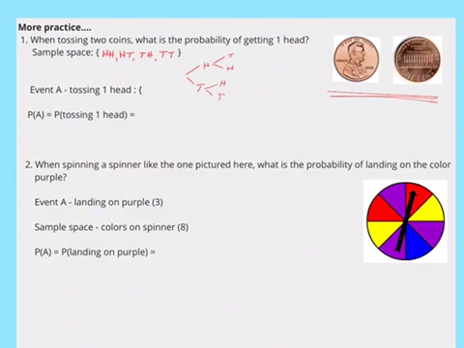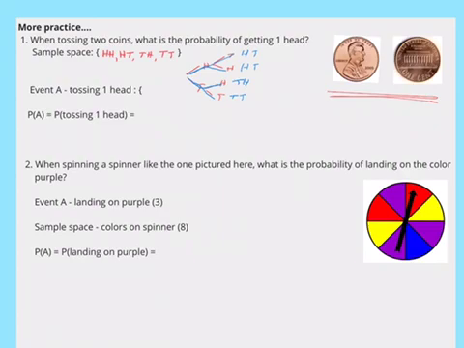Following the pathways, I could go heads, tails; heads, heads; tails, heads; and finally tails, tails. So you can generate your sample space either way, but I can tell right now that the number of outcomes in my sample space is a total of 4.